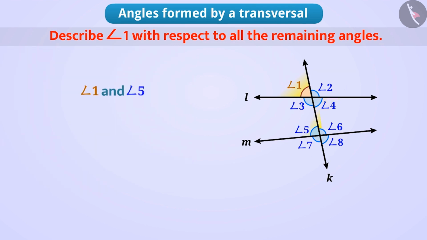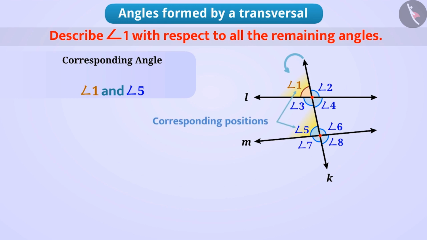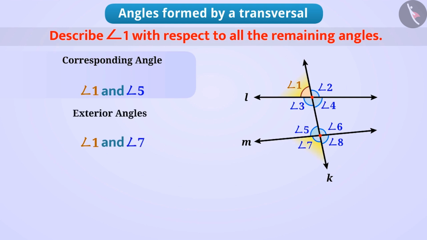Angle 1 is the corresponding angle of angle 5 because they have a different vertex and are on the same side of the transversal. Also, they are at the corresponding positions of two lines. Angle 1 and angle 7 are exterior angles. If we talk about angle 1 and angle 8, then we can see that both are exterior angles but are on the opposite sides of the transversal.